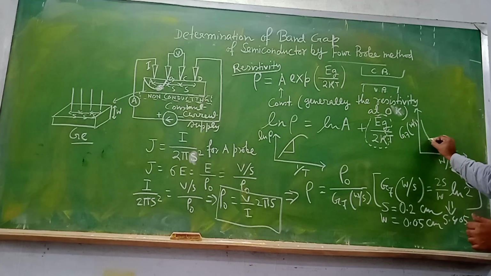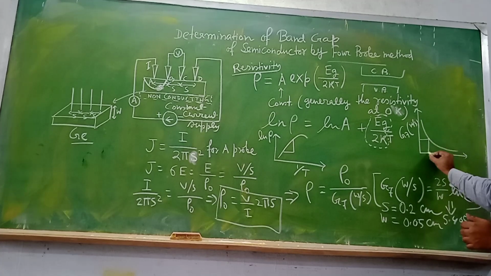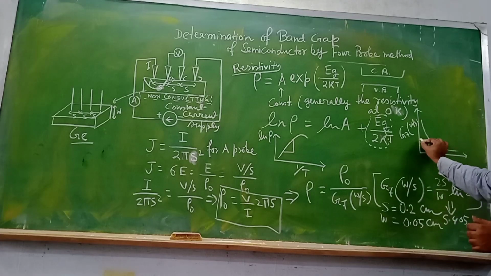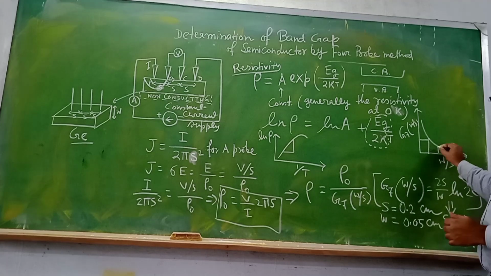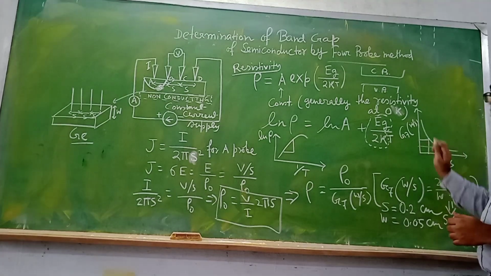For a particular point, if you take the ratio, the value will be around 5.405. So if you change your W by S, then the value will change.